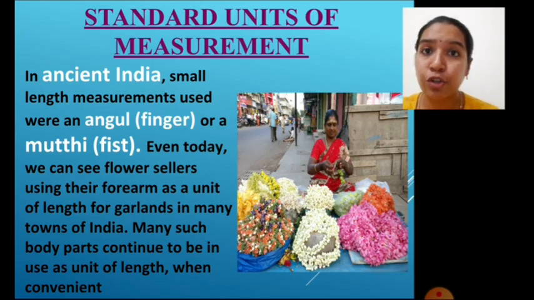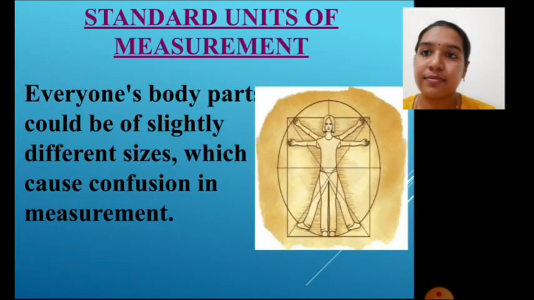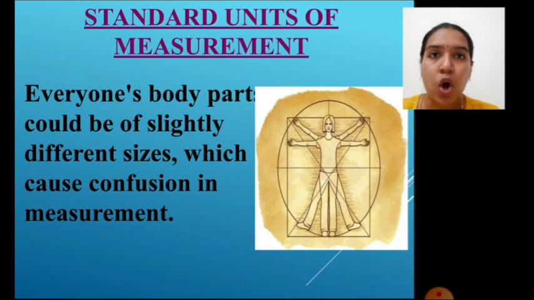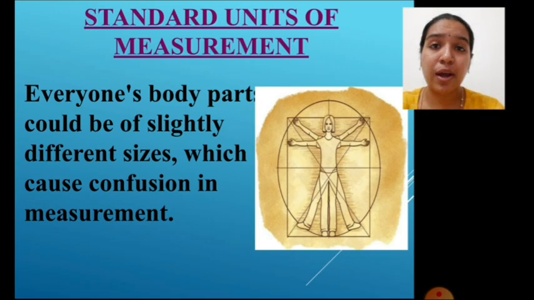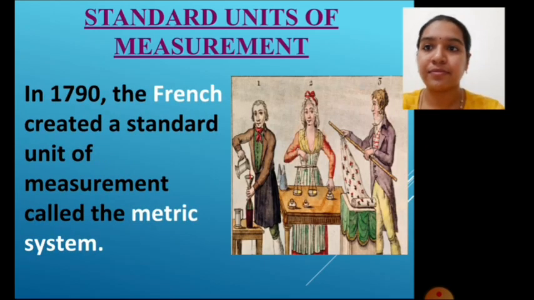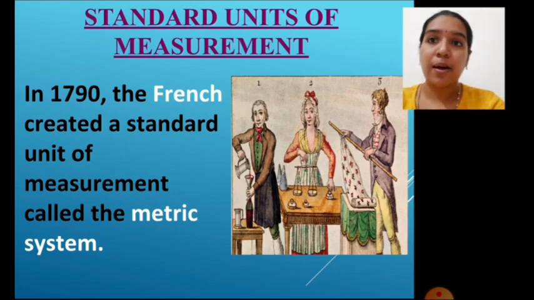Even they use cubits. But all these measurements are based on body parts, which differ from one person to another. So they cannot be the standard or constant units for measurement. Then, the French discovered the metric system of measurement.